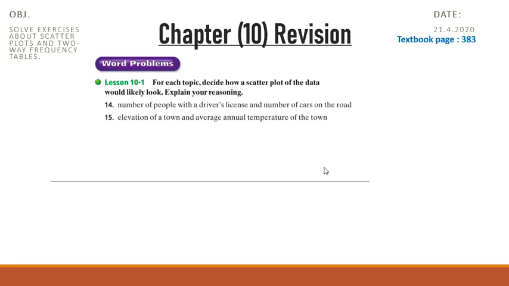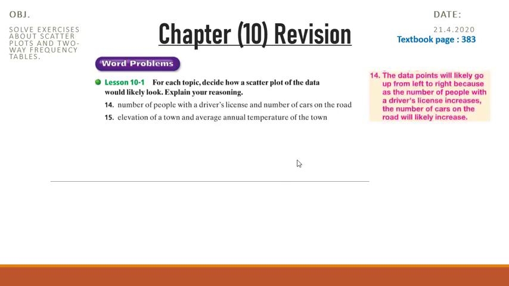So this is a positive association. So when we plot this data, the data points will likely go up from left to right, because as the number of people with a driver's license increases, the number of cars on the road will likely increase.